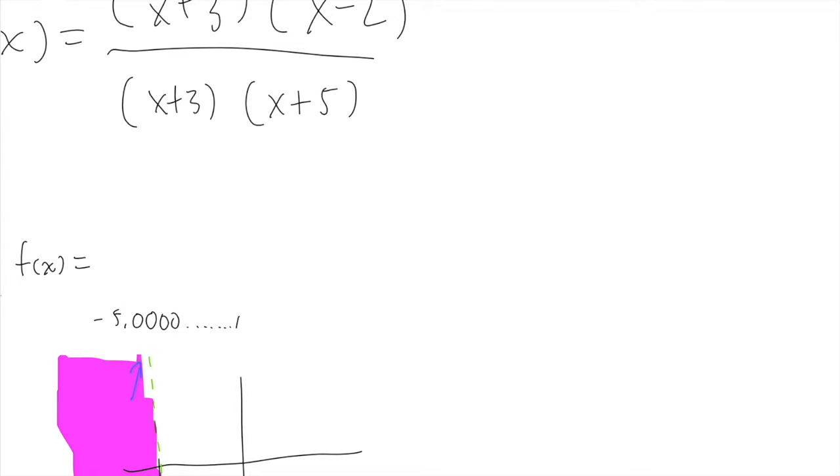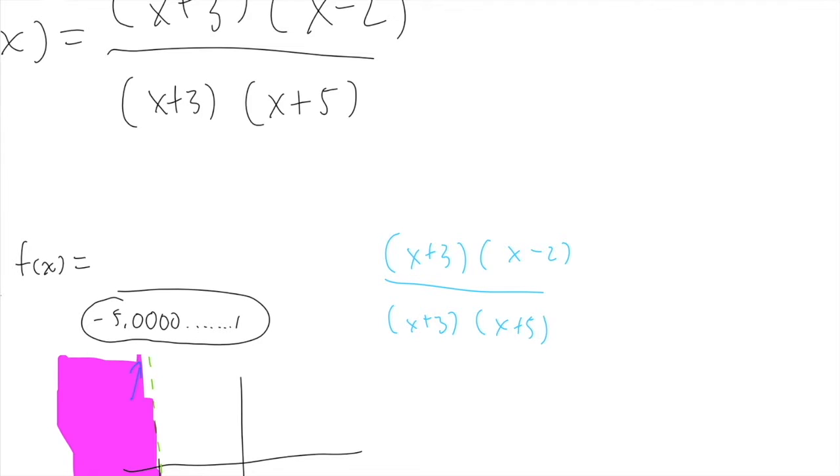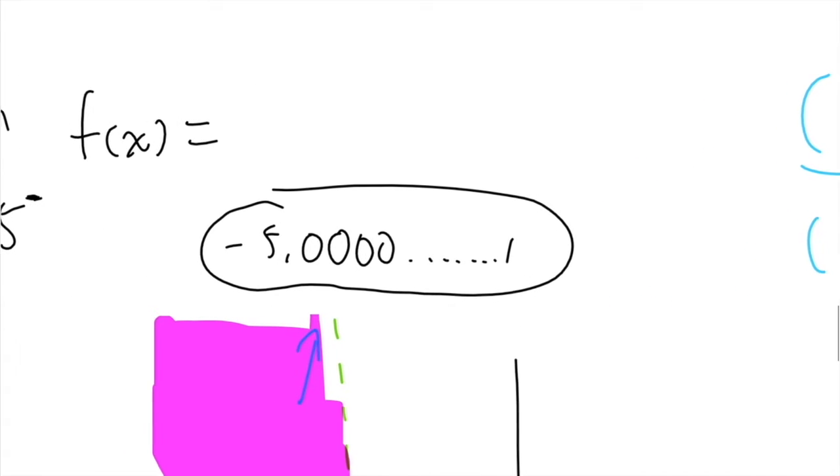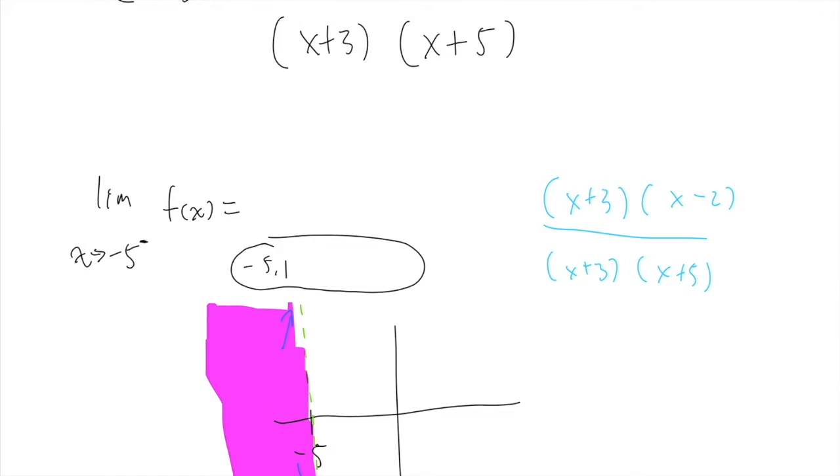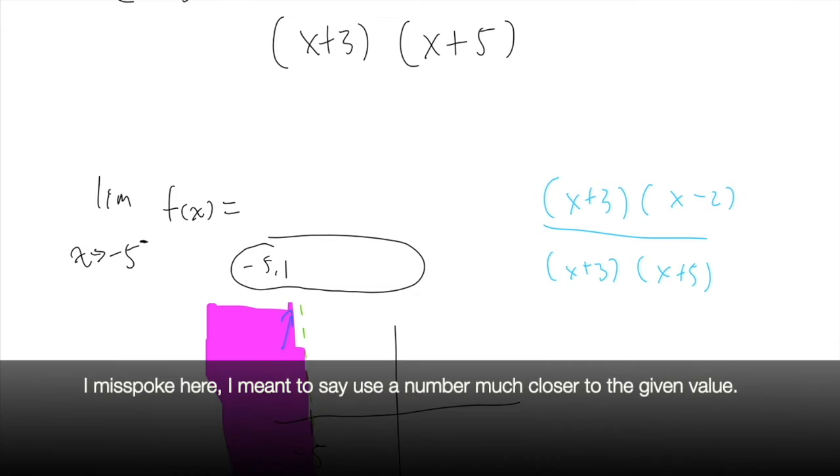So we're going to have (x plus 3)(x minus 2) over (x plus 3)(x plus 5), where x is going to be equal to negative 5.0001. Actually, let's just start with negative 5.1. We're still going to get the same answer, but it'll be a lot easier. In actuality, you'd want to use a much closer number because there could be sources of error here. But right now, let's just start with negative 5.1.